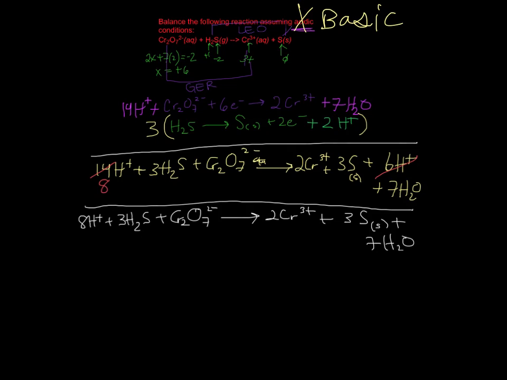So now we must add enough hydroxide to balance out the hydronium ion. So we'll add 8 hydroxide on this side to balance with the H+, and then we'll add the same on the right-hand side, plus 8 hydroxide.